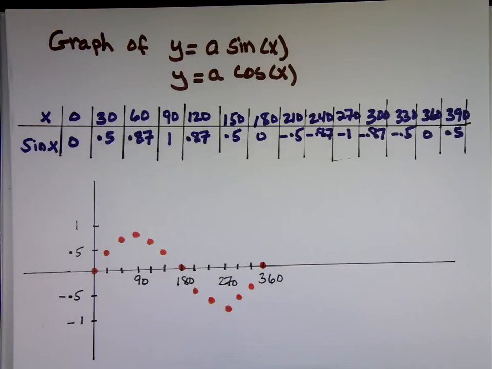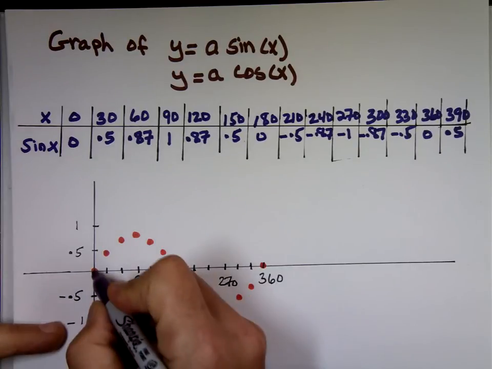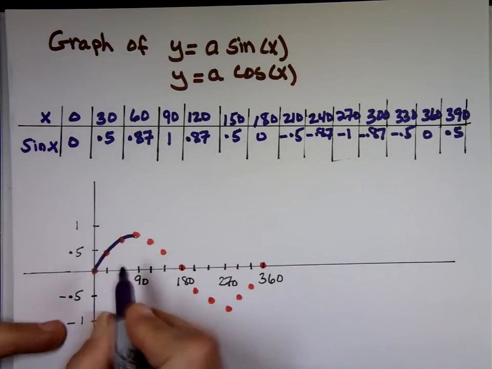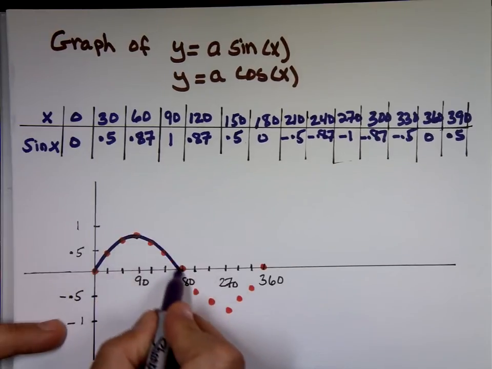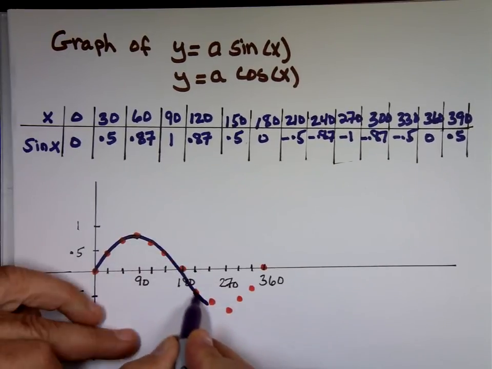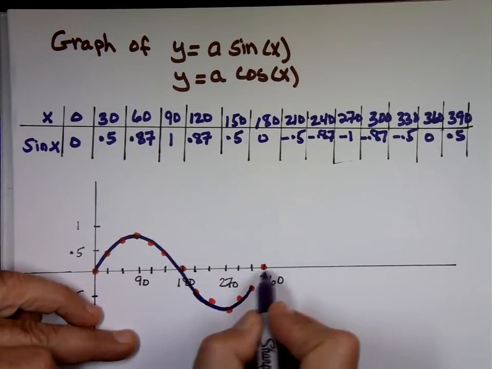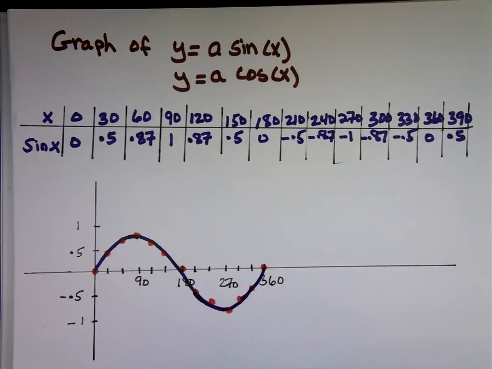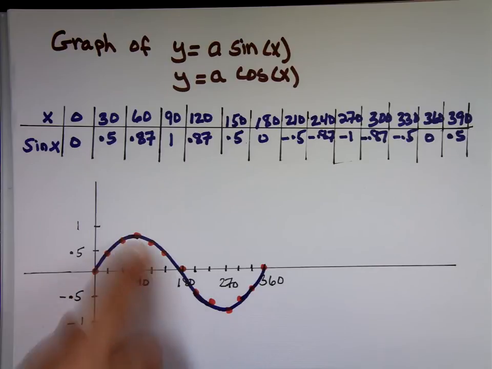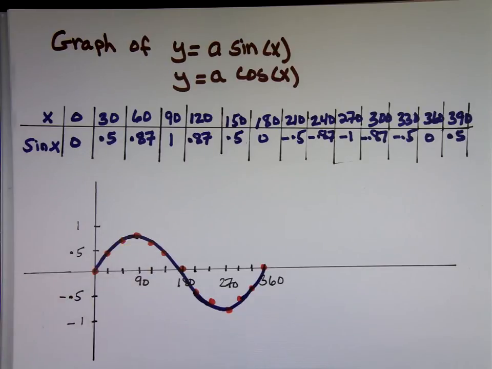And when you connect these points, what do you notice the graph looks like? A wave. It does look like a wave. What's the highest point it goes to? 1. What's the lowest one? Negative 1. So this is the graph of sine of x.